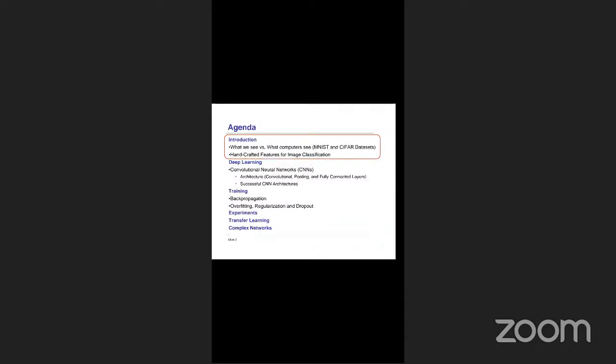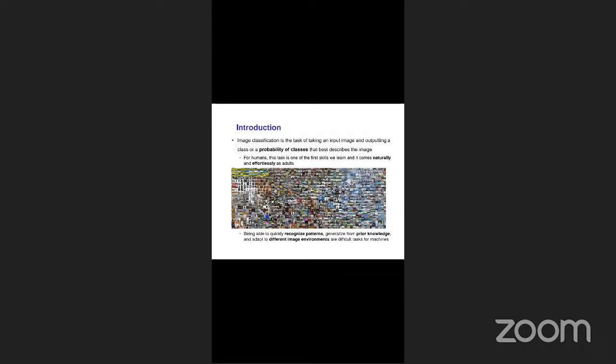So first let us talk about what we see through our eyes and what computers, or our mobiles, see of the data. You can see here the idea of big data. You can see the images here, a lot of images.